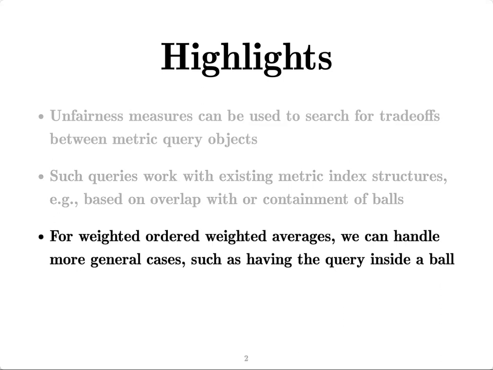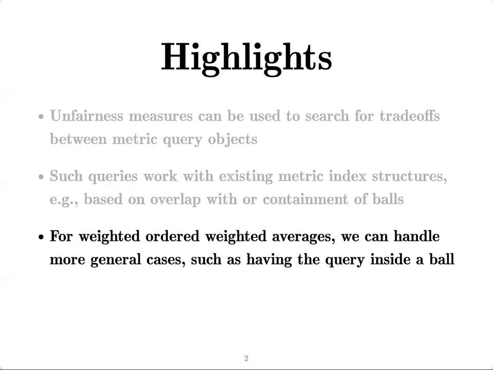We also show that if we narrow down which kind of unfairness measure we use to a linear case, the so-called weighted ordered weighted averages, we can handle quite general cases, even weirder regions in the index structures.